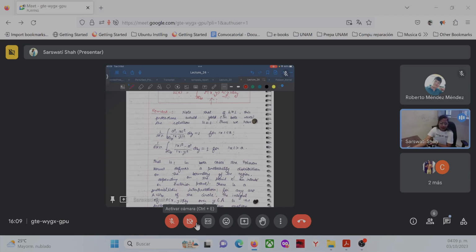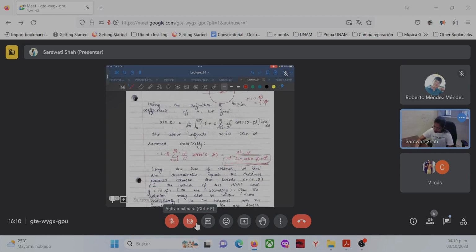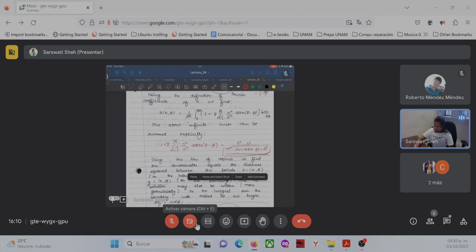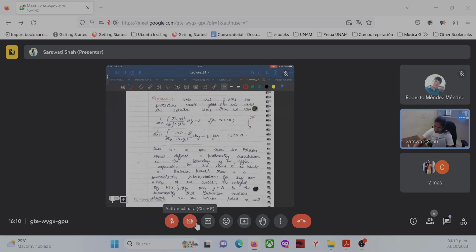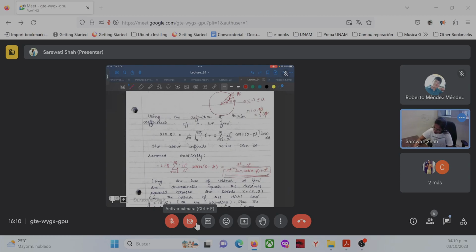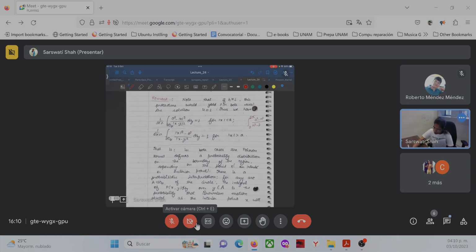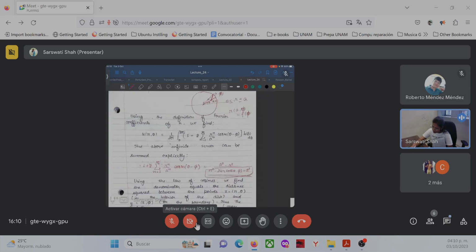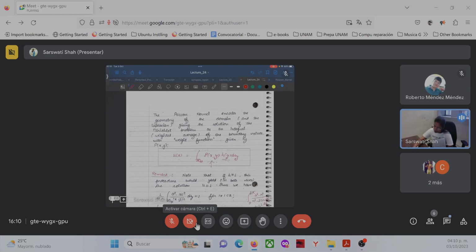How is it coming? If you are unable to do this in Cartesian coordinates, I am giving you an example. I was integrating from 0 to 2 pi, where the integrand is (a square minus r square) over (r square minus 2 a r cos(phi minus theta) plus a square), d phi over 2 pi.